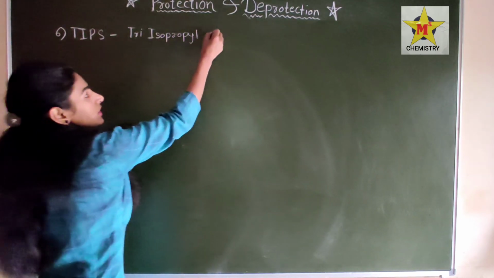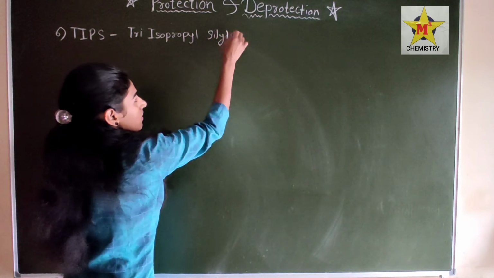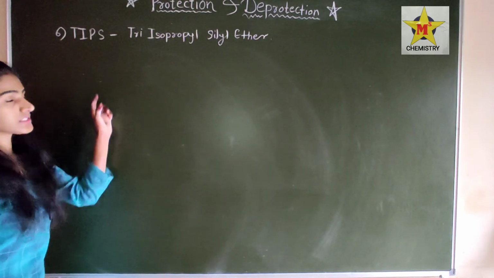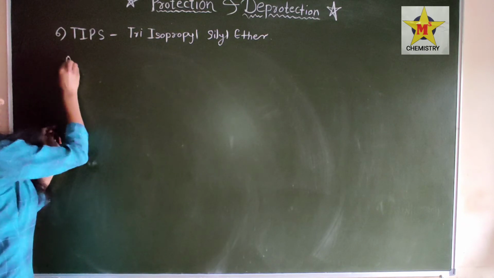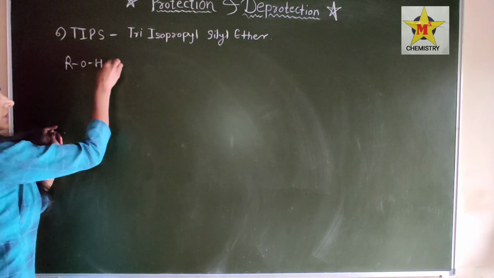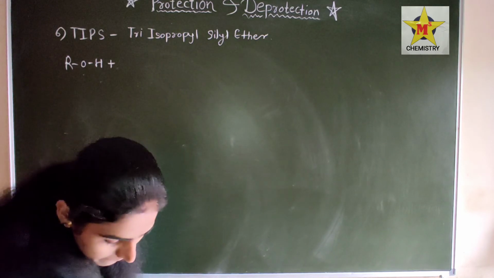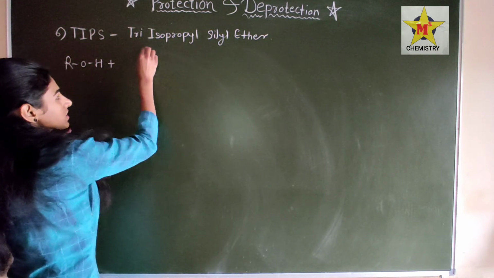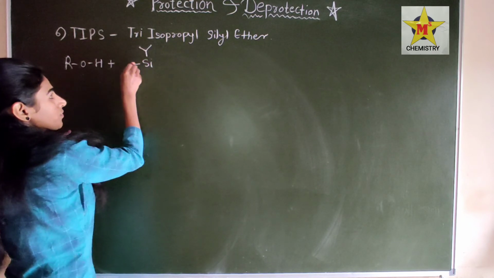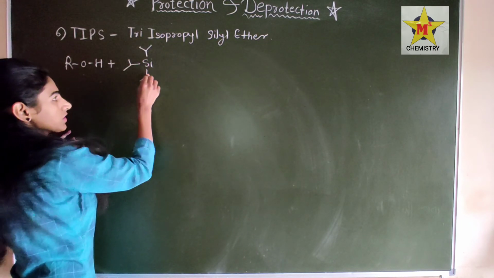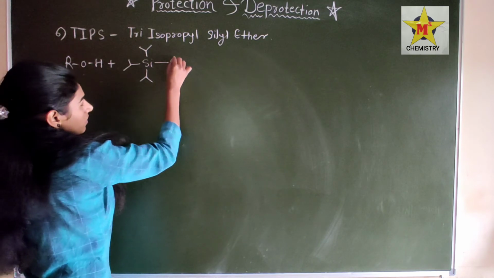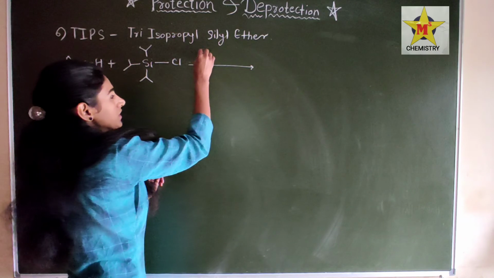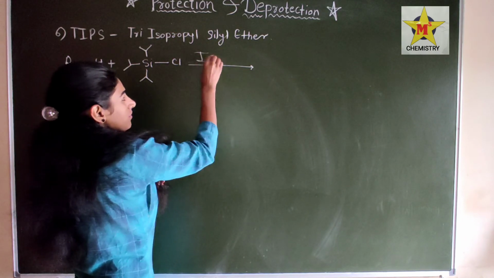triisopropyl silyl ether protection. Triisopropyl silyl ether protection, in which an alcohol functional group is there, in the presence of triisopropyl silicon chloride, 1 isopropyl, 2 isopropyl, 3 isopropyl. Okay, in the presence of a base, any base we can use there, like imidazole.